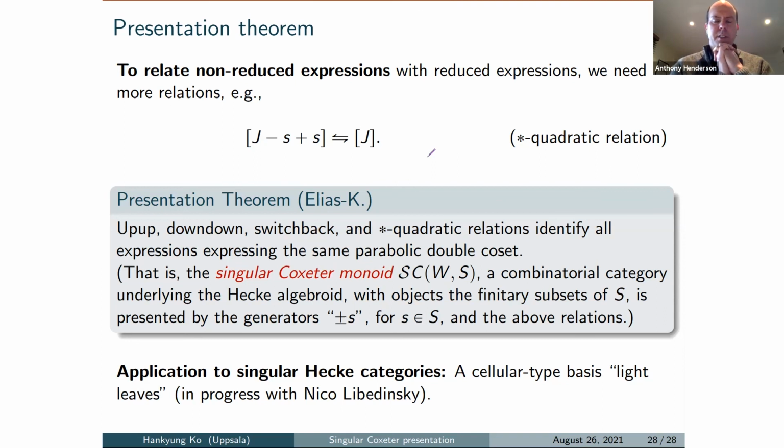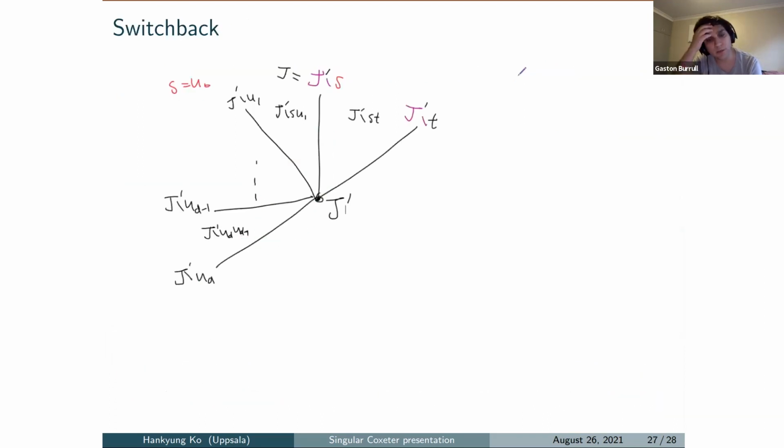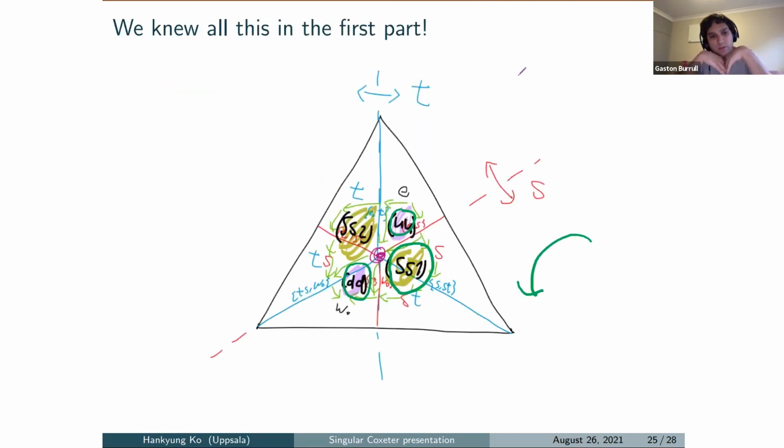So are there any questions? I was wondering about the graph you get by moving between reduced expressions. Because the Matsumoto theorem says that it is connected, and people study this graph a lot.